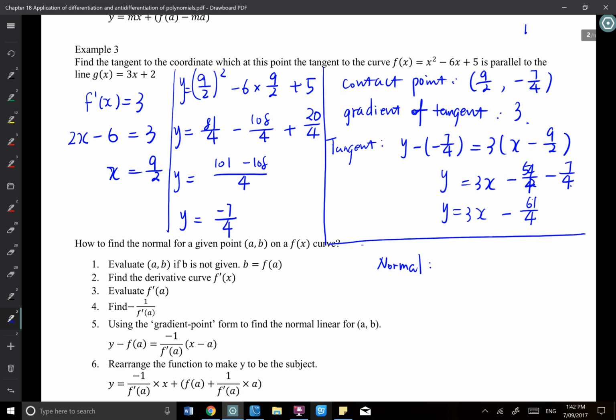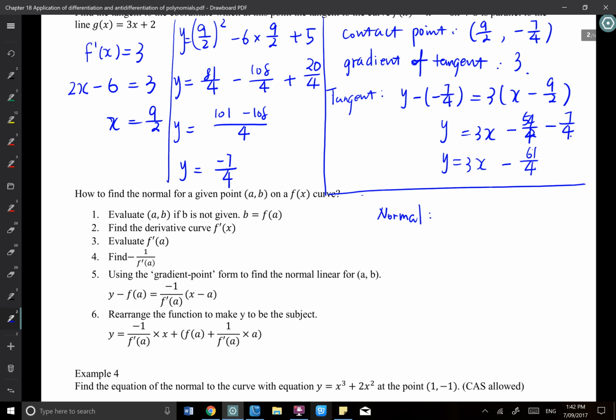It's -1/3. It must be perpendicular to the tangent, so it's the negative reciprocal. You always pass through the same contact point for tangent and normal. So what we will have is y minus the same point equals, just change the gradient. That's what we need.